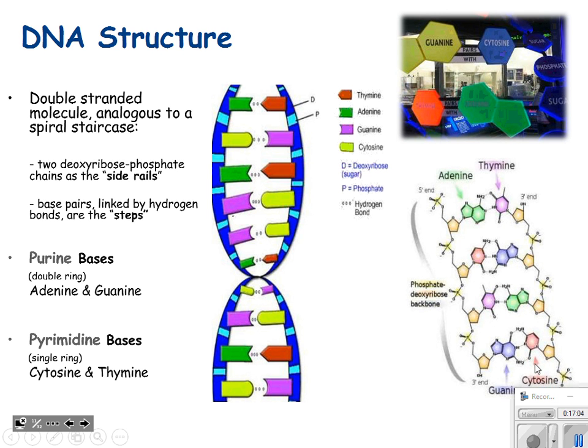It doesn't matter which side, but a double ring, a purine, is always paired with a single ring, which is a pyrimidine. So, purine, pyrimidine; pyrimidine, purine. Can you identify which is a purine and which is a pyrimidine? Because you'll need to know that. You'll need to know purines and pyrimidines, the singles and the doubles.